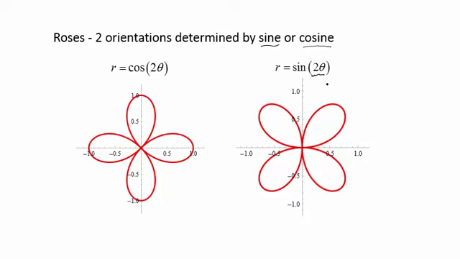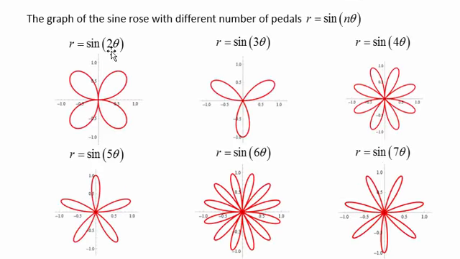And depending on the size of that factor, where n could be an even or odd number, will generate different numbers of petals on our rose. Notice that for n being even, 2, 4, or 6, we'll actually have 2n petals. If n is odd, 3, 5, or 7, then we'll just get n petals on our rose.